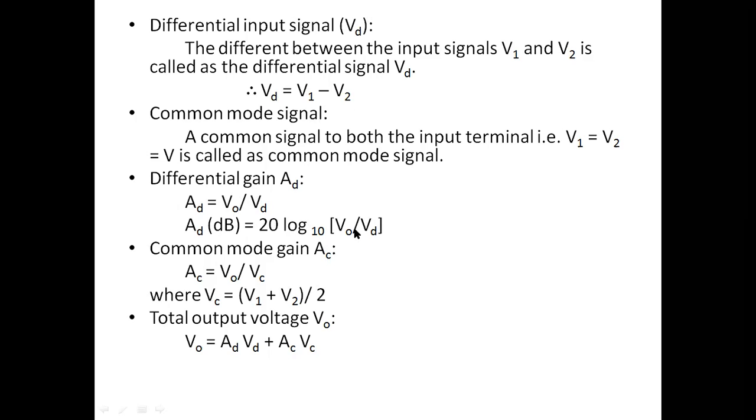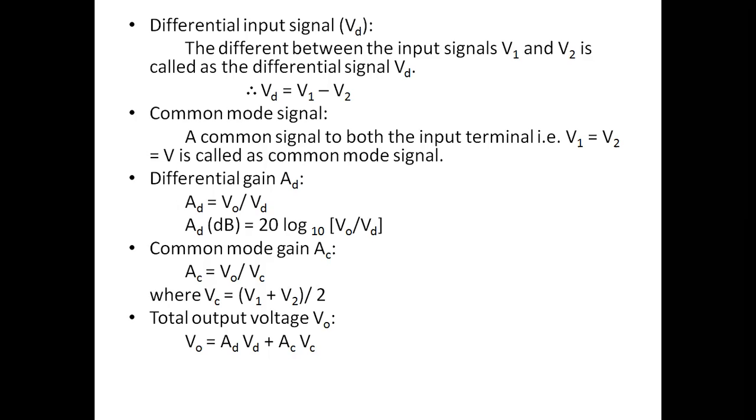Now we are supposed to study the common mode. It is when we are giving the common signal to both input terminals V1 and V2. At that time, common mode gain is defined as the ratio of output voltage with respect to the common mode voltage. And how will you calculate the common mode voltage?